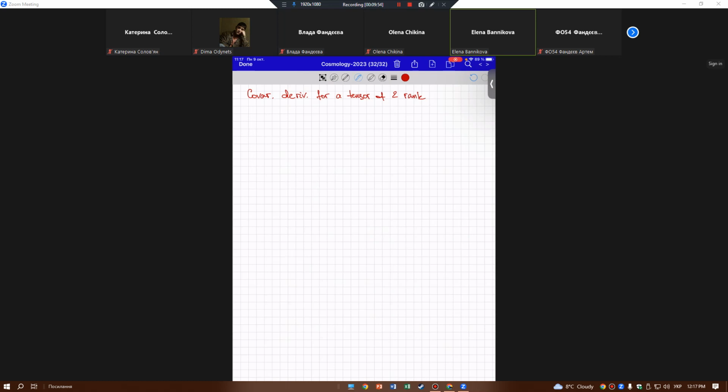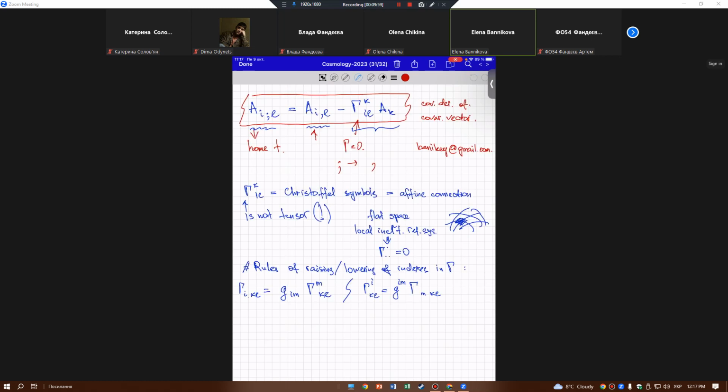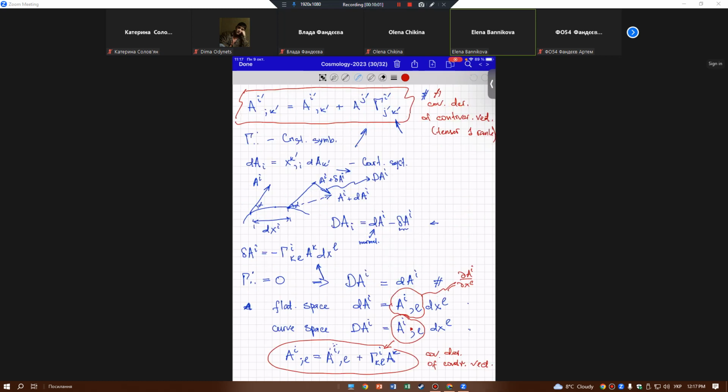So to obtain this expression, I will need something which we received before. This expression for a change of the vector when we move it along the coordinate axis.